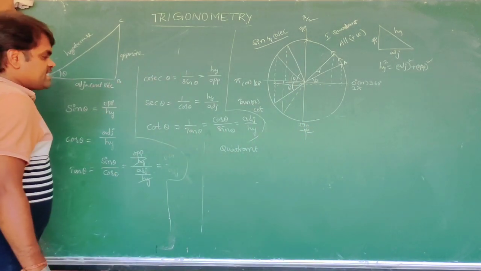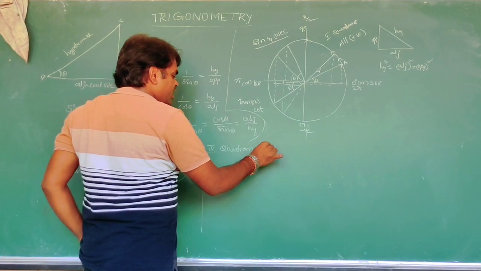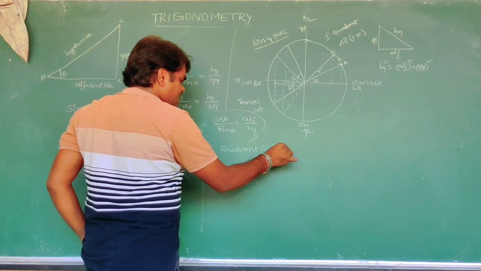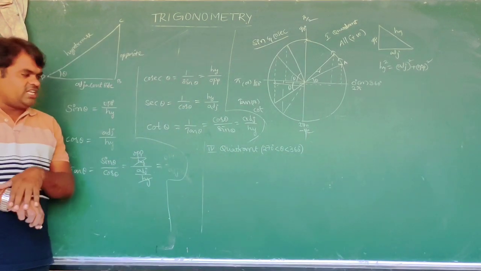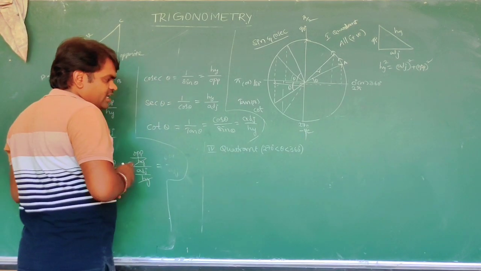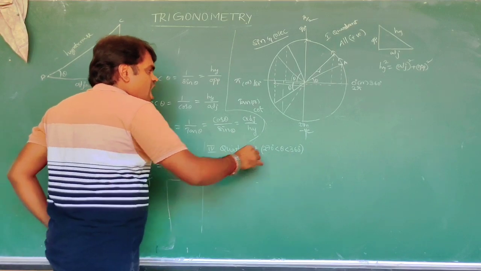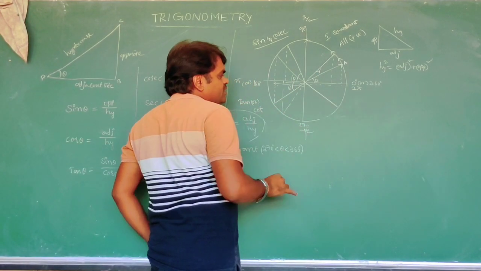In the fourth quadrant, theta lies between 270 degrees and 360 degrees. Then we can observe it clearly here.